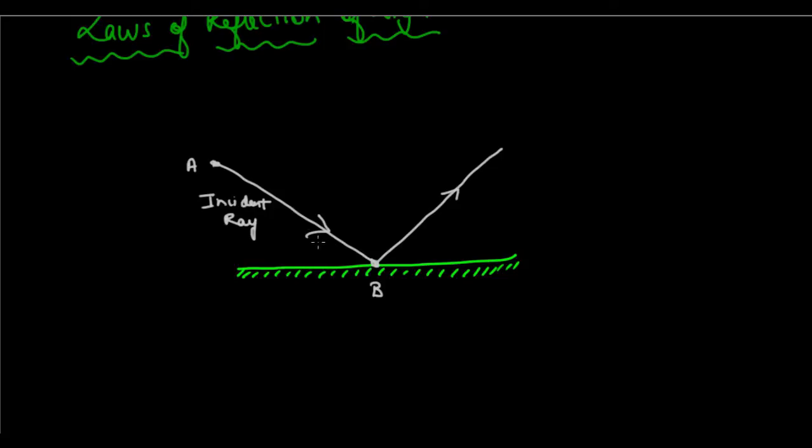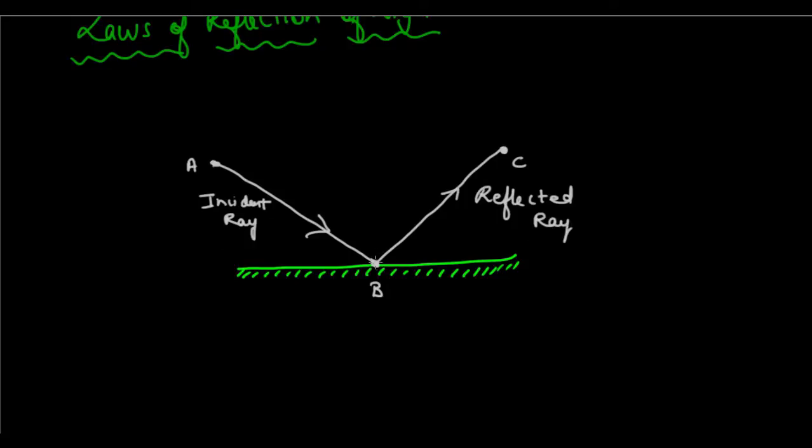That is called the incident ray. Now suppose it is reflecting back to a point C. So the ray which is striking the mirror is the incident ray, and the ray which is reflecting from the mirror from point B, this BC ray is called the reflected ray, right? Reflected ray.